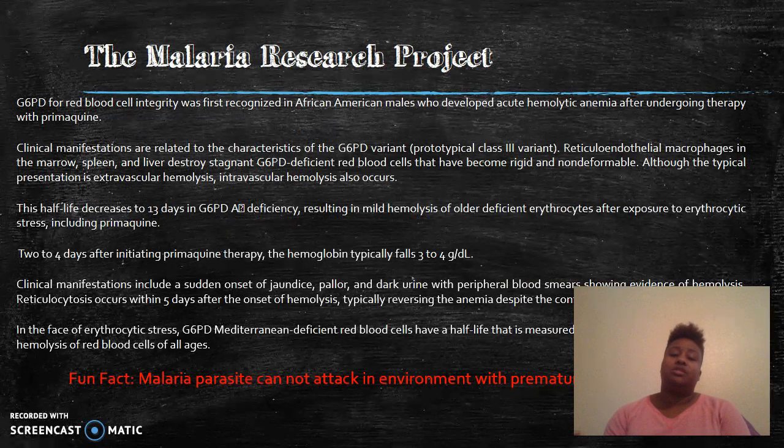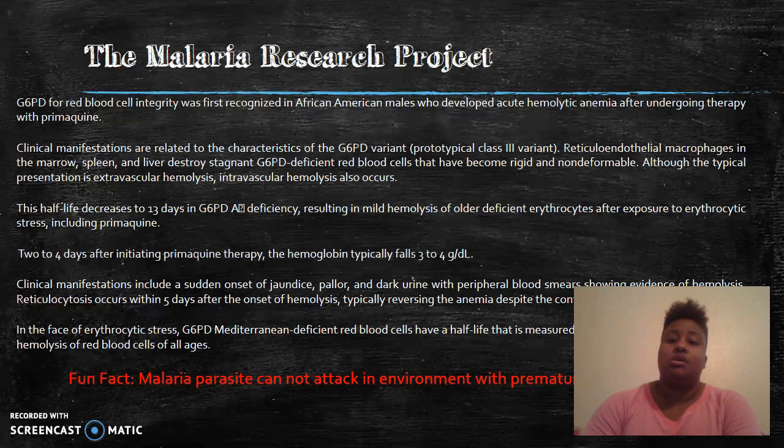So the malaria research project was done in the Army on African American males who developed acute hemolytic anemia after undergoing therapy of primaquine, which is the drug they give us for malaria when we're deployed to the Middle East, Africa, Asia.